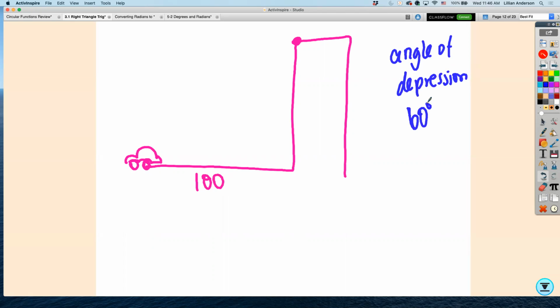If the person's standing at the top of the building, remember, angles of elevation and depression always come from a horizontal line looking down. That angle that's created between that horizontal line and you actually looking down to the vehicle is your angle of depression.